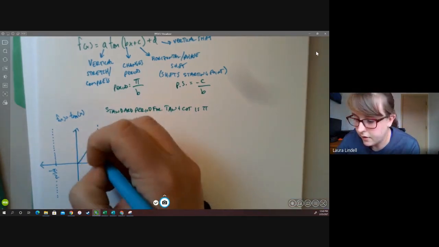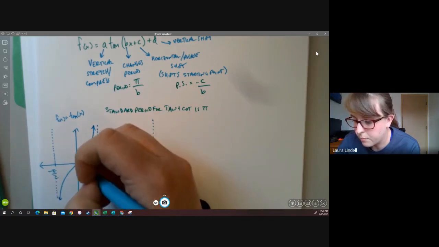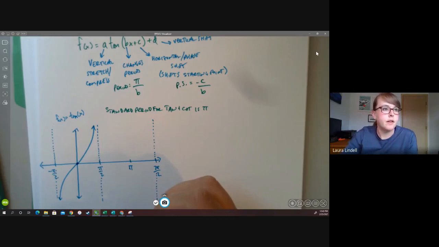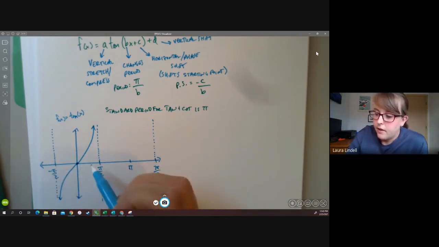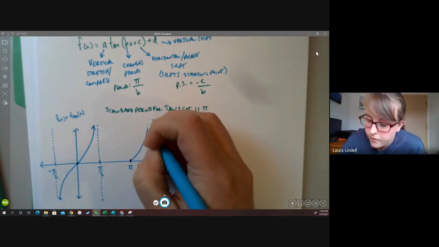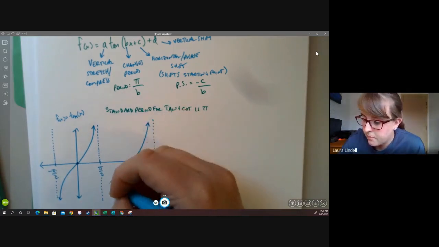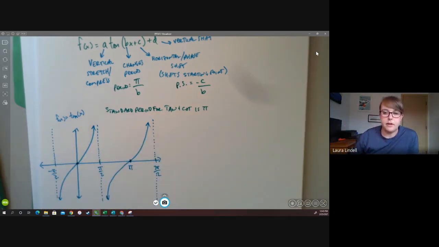It's going to have a starting point here that's this point of inflection. We can see that the period is pi, because the distance between the asymptotes is pi, our generic period for tangent. So that's a couple of cycles of tangent.